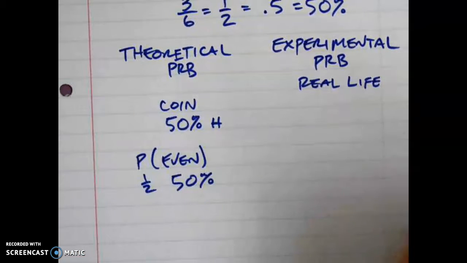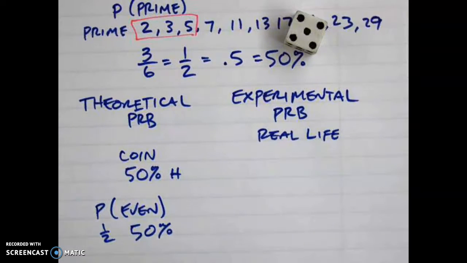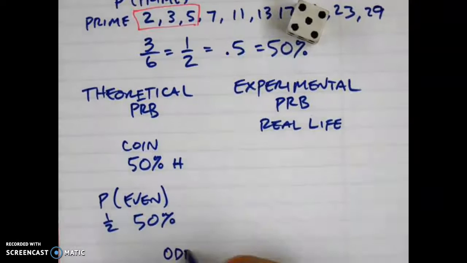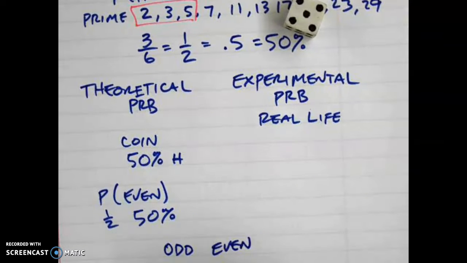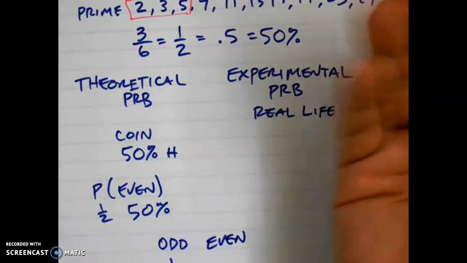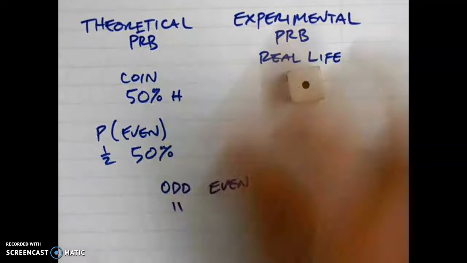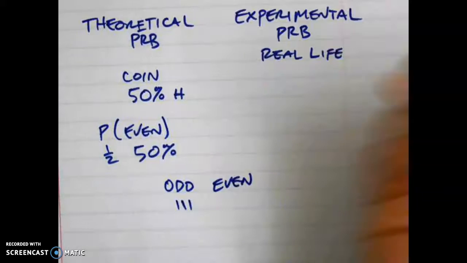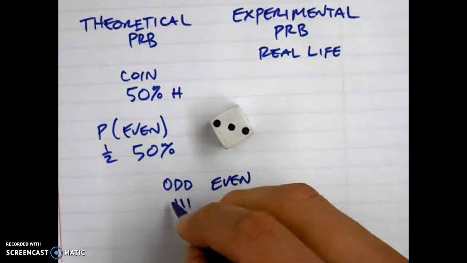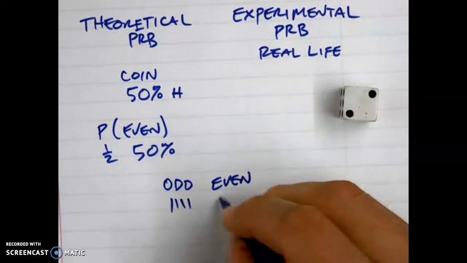Let's take a look. I'm going to roll it 10 times. First one, we have odd and even. The first one's going to be odd. Second one's odd. Odd again. Ooh, look at that. Odd again. Even.